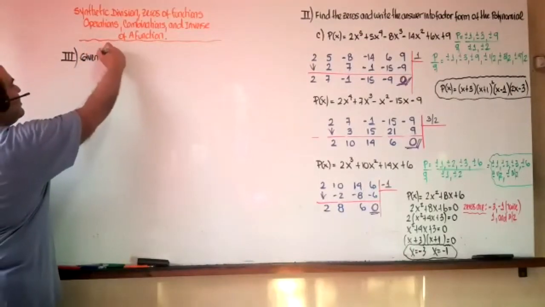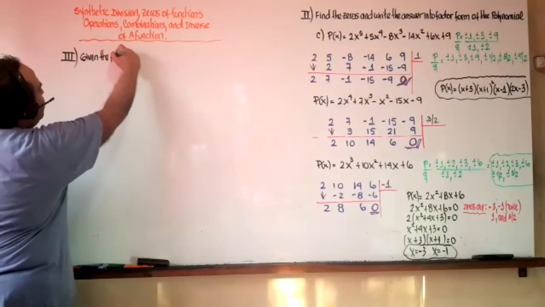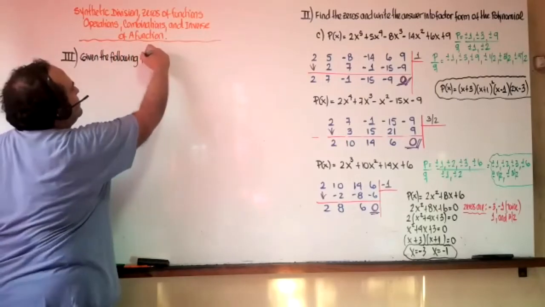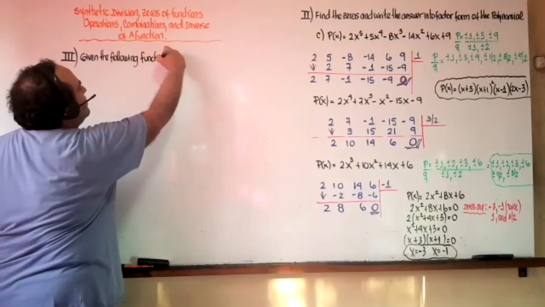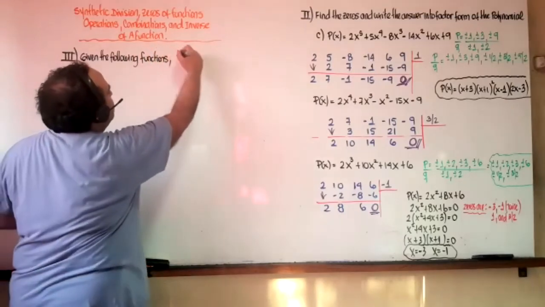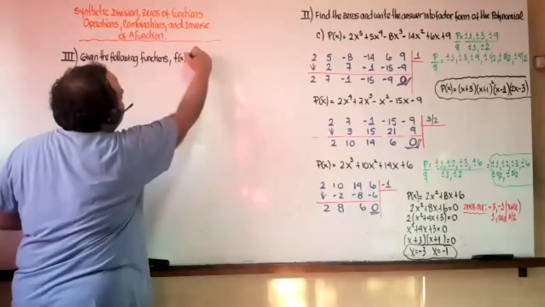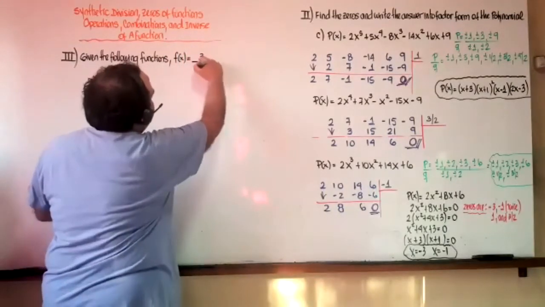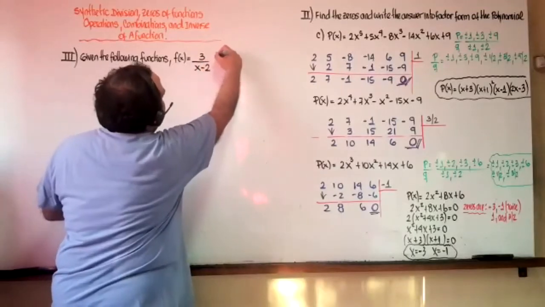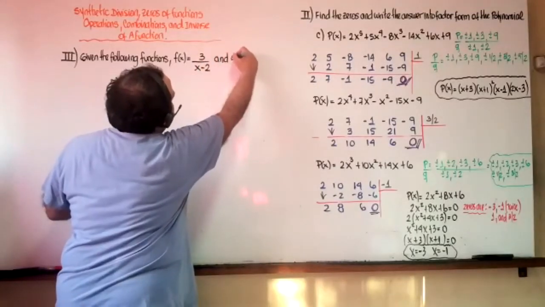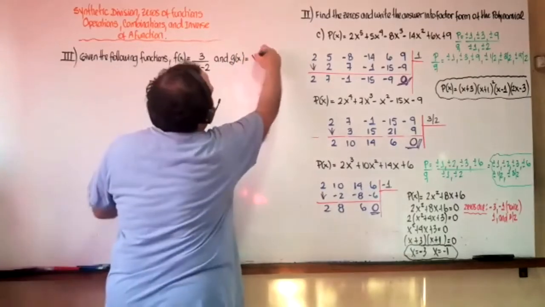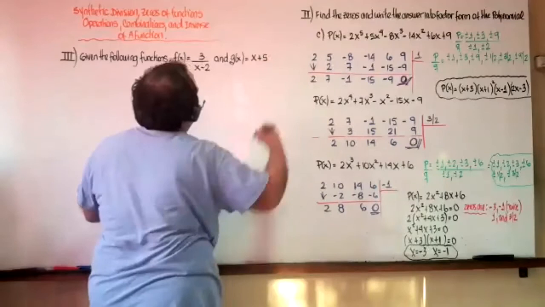Given the following functions: f of x equals 3 over x minus 2, and g of x equals x plus 5.